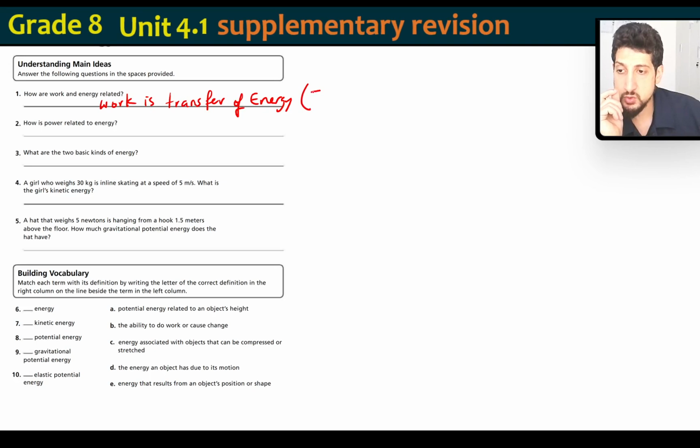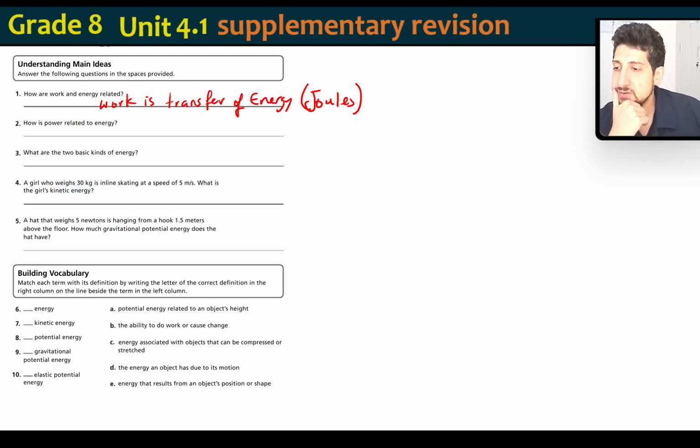They're both measured in joules. And this is what I always tell my students. If you see work, then just assume we're talking about energy. If you see energy, then assume we're talking about work. They are very closely related to each other. Work is the amount of energy transfer. So it's basically more or less the same as far as we're concerned.